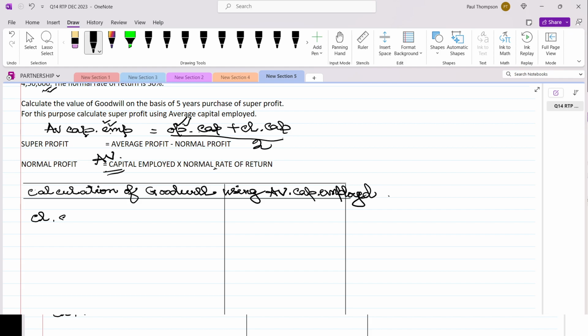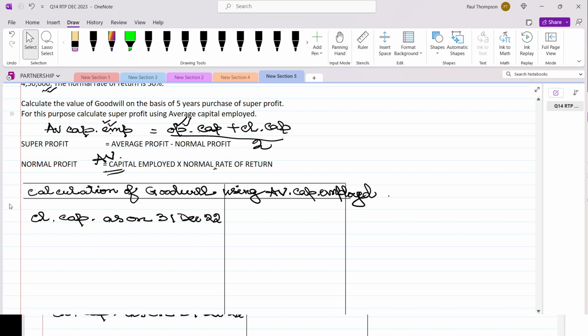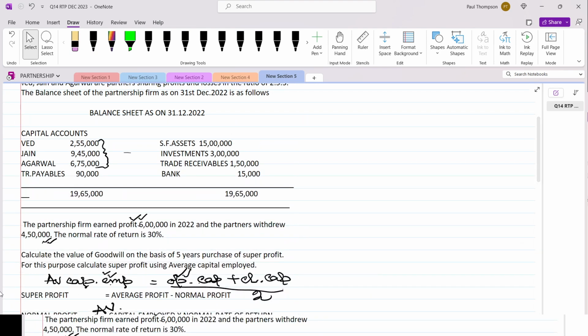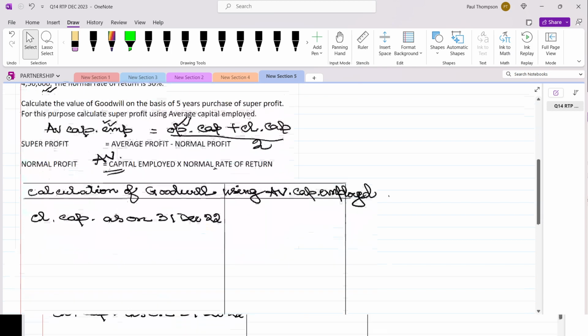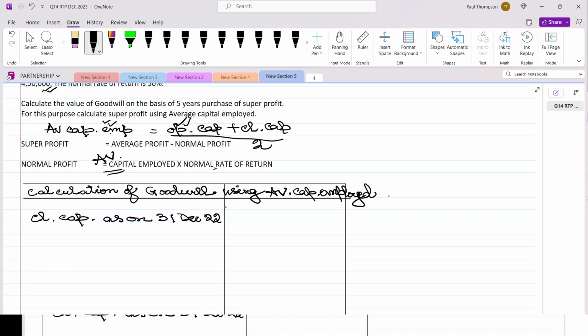Closing capital as on 31st December 2022. If you add all the three partners' capital, it is 2,55,945 plus 675, or you subtract from 1965 the 90,000. So we are getting 18,75,000 as their closing capital.